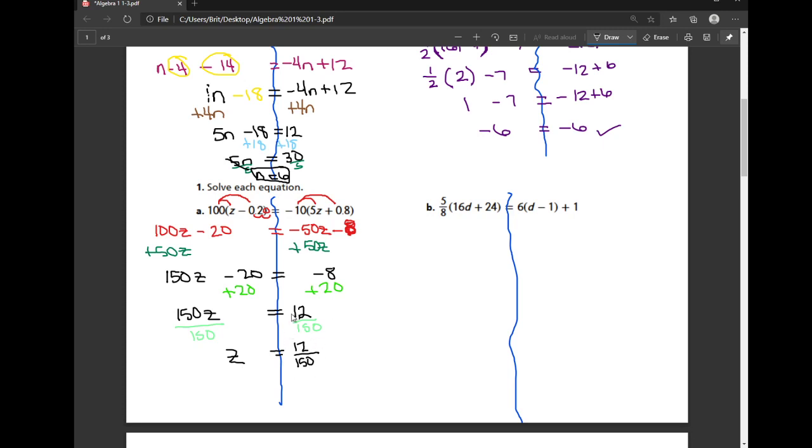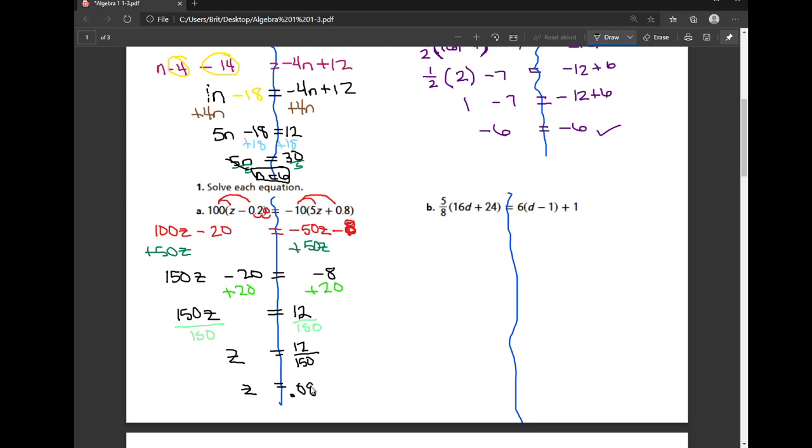Now, because this question was given to us in decimals, I would probably be fine with us answering in decimals, which is what I'm going to do here. Now, I'm a little bit of a mathematics purist in that I don't like answering things in decimals.